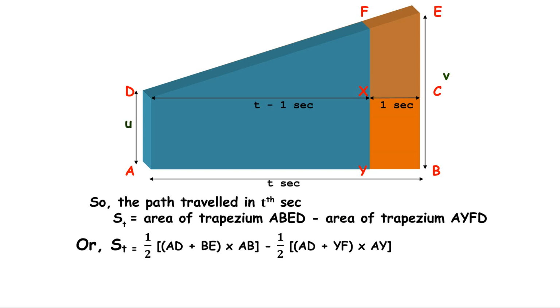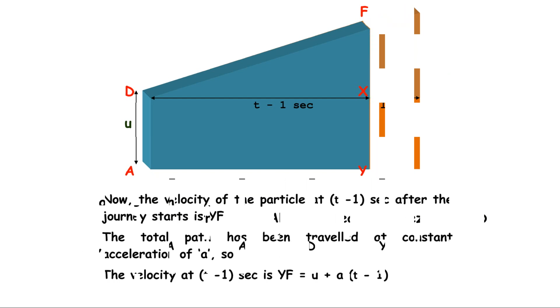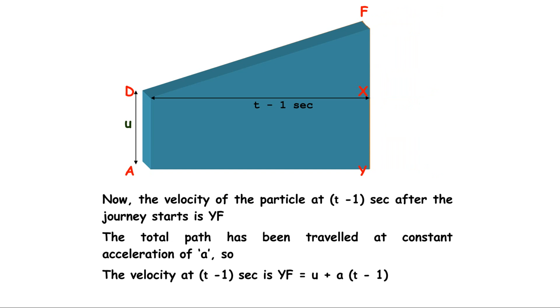That is, ST equals half into AD plus BE into AB minus half into AD plus YF into AY. But from the trapezium AYFD, we find that the journey has been traveled by the object for T minus 1 second.